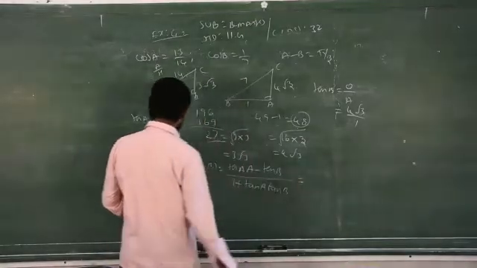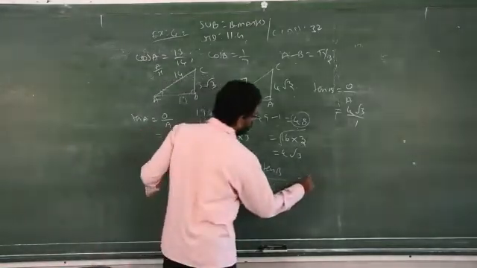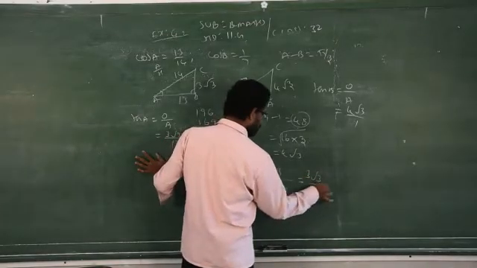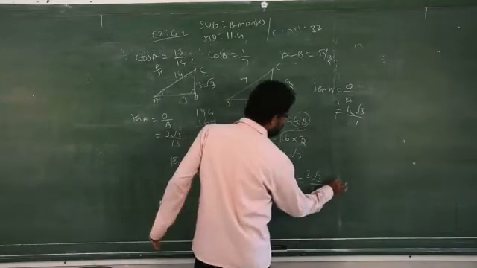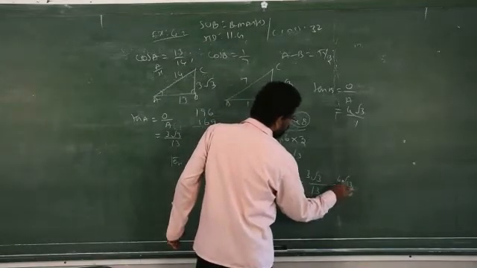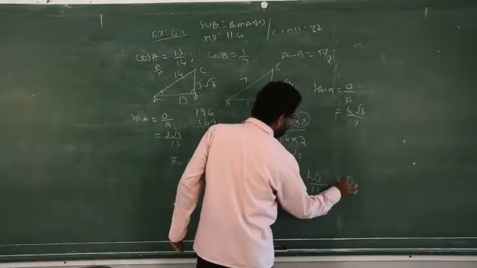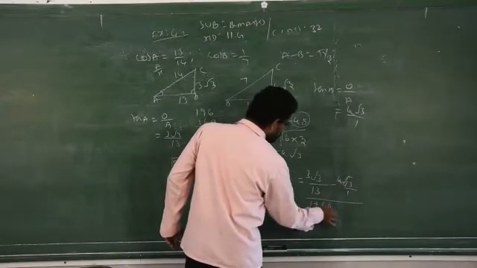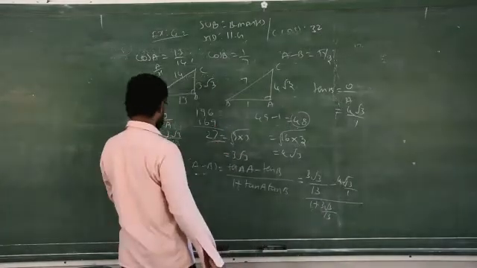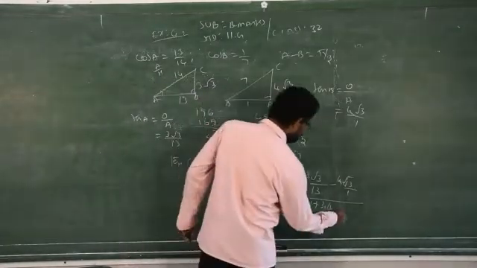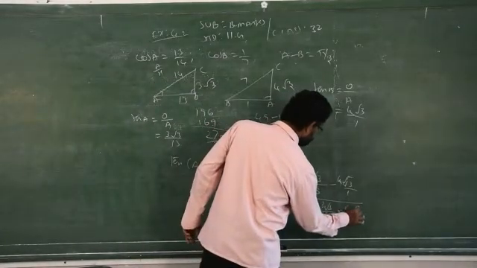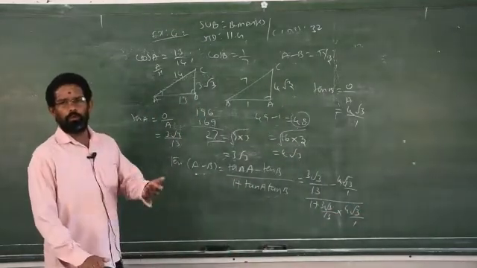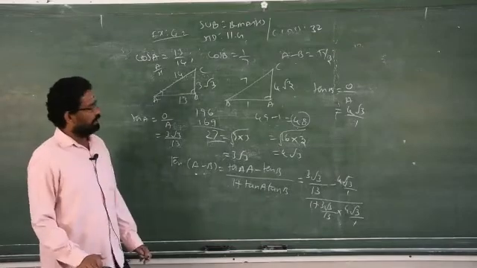Clear? So what is the tan A? Tan A we found 3 root 3 by 13. What is the tan B? Tan B is 4 root 3 by 1, so tan A minus tan B over 1 plus tan A tan B, you simplify, you will get answer.